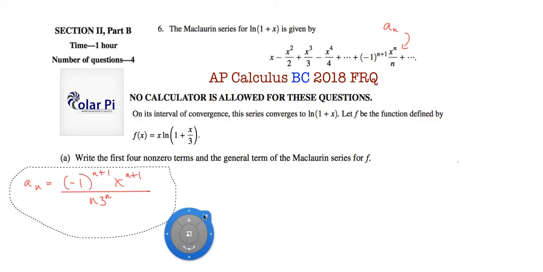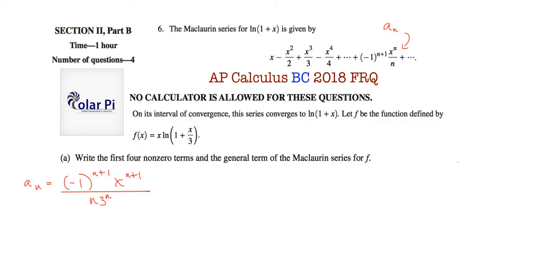So when n equals 1, we have a1, the first term: negative 1 to the 1 plus 1, so negative 1 to the second, which is positive 1, and then x to the second, over 1 times 3 to the first, which is just 3. So this is just x squared over 3.